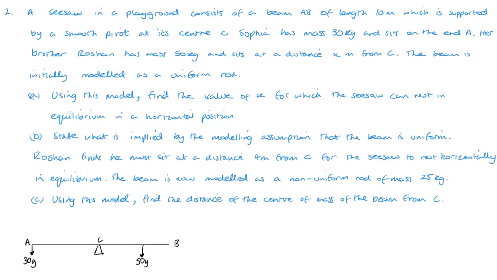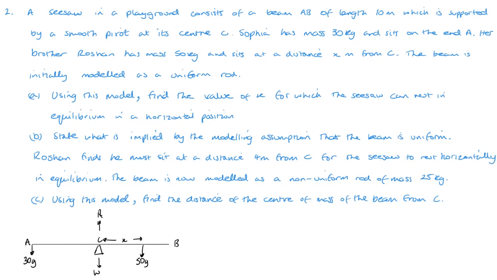So that is 50g and sits at a distance X from C. So this is going to be X here from C. The beam is initially modelled as a uniform rod. So this is going to be my weight in that centre there, and a normal reaction, of course, in the centre there.